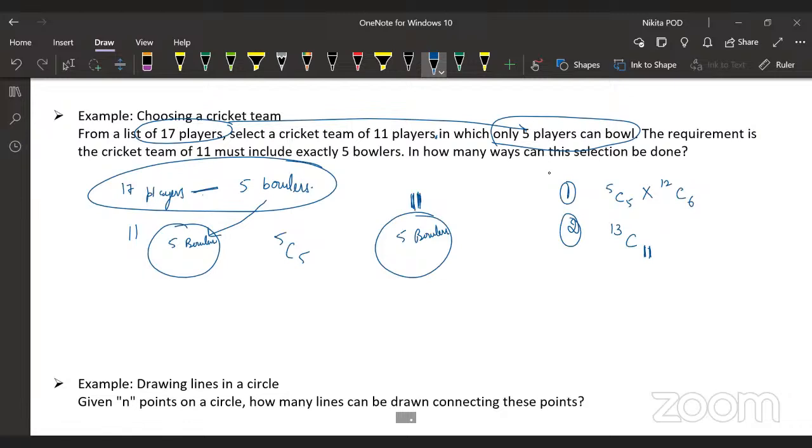Now, how many are left? You are left with 12 players. And from there, you need to select 6, because 5 is already there. Because if we do 13C11, there is a possibility that all the bowlers are not getting selected. Okay, you got a good point. Thanks.